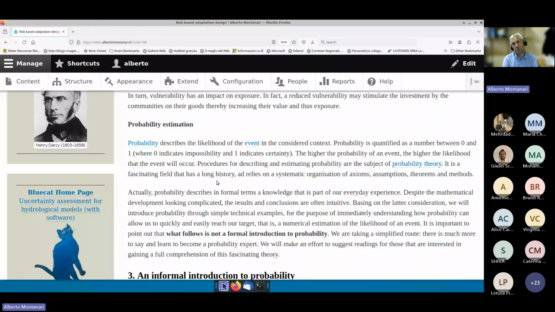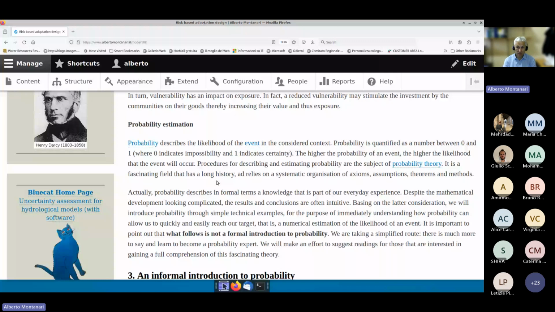So probability, from a narrative point of view, we can define by saying that it describes the likelihood of an event in the considered context. Likelihood means that in current language, when I say probably tomorrow it will rain, it means it is likely that it will rain, based on my understanding.